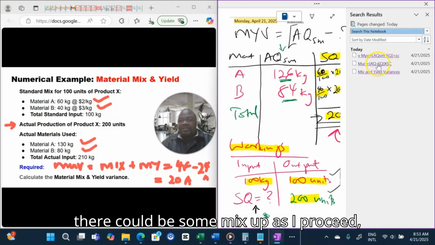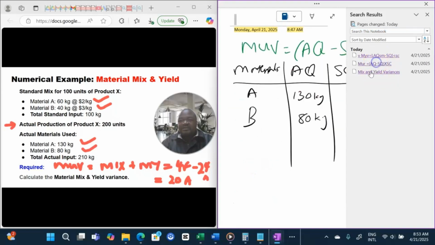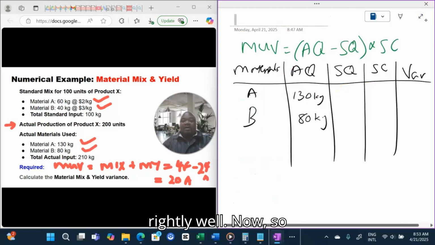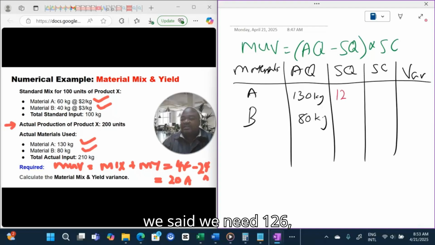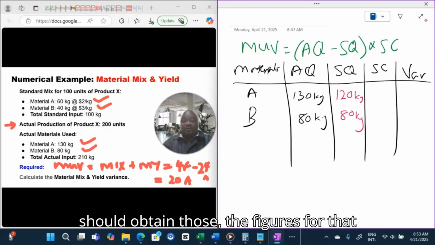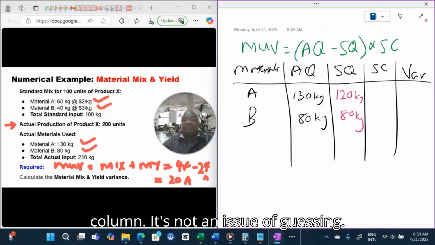Sorry, there could be some mix-up as I proceed. Good, I found it. Now, so we said we need 120 and 80, right? 120 kgs there and 80. I was just trying to show you how you should obtain those figures for that column. It's not an issue of guessing.